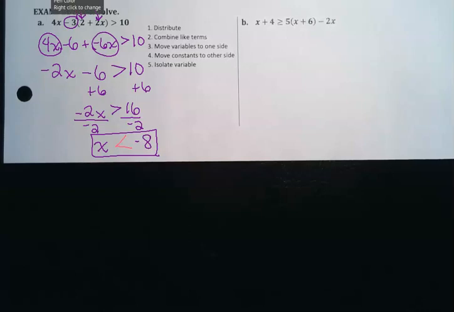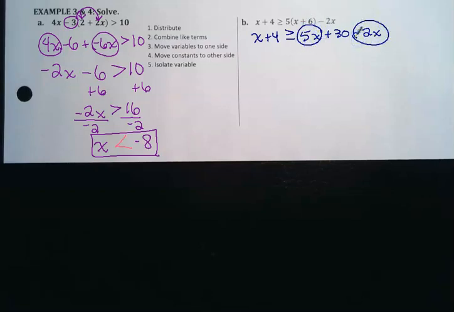So x plus 4 is greater than or equal to 5x plus 30 minus 2x. Okay, good. Then you could add the like terms. What are my like terms? 5x minus 2x.